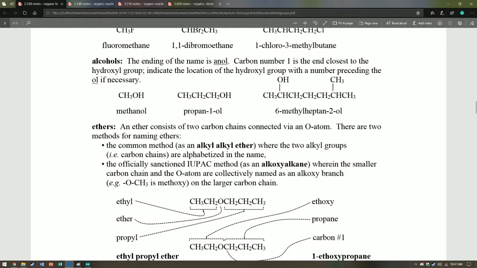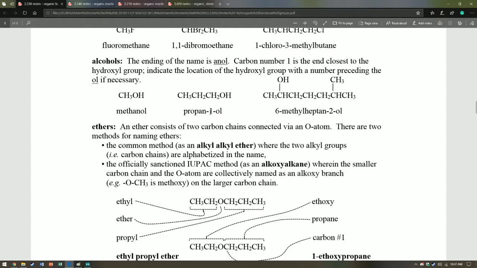The one that's higher up on the list that comes after bromine is alcohols, which have the ending -ol. So carbon number 1 is the end closest to the hydroxyl group, the highest priority functional group, as I've stated many times before. So this is methanol, this is propan-1-ol.